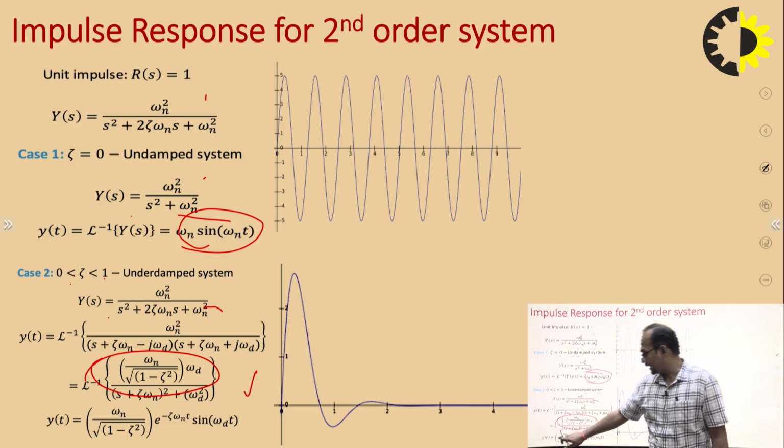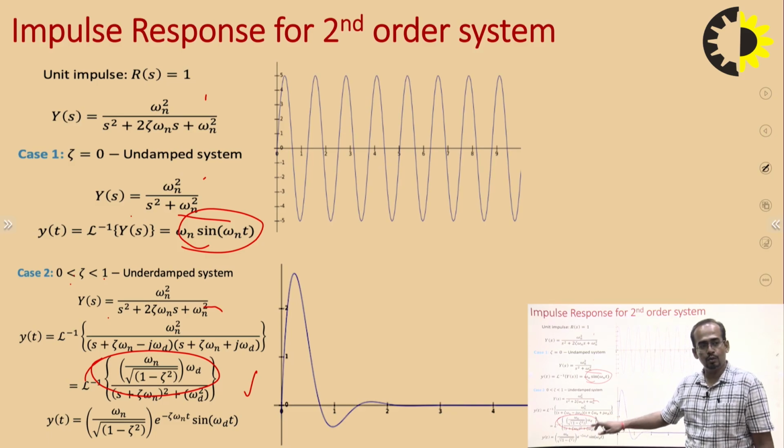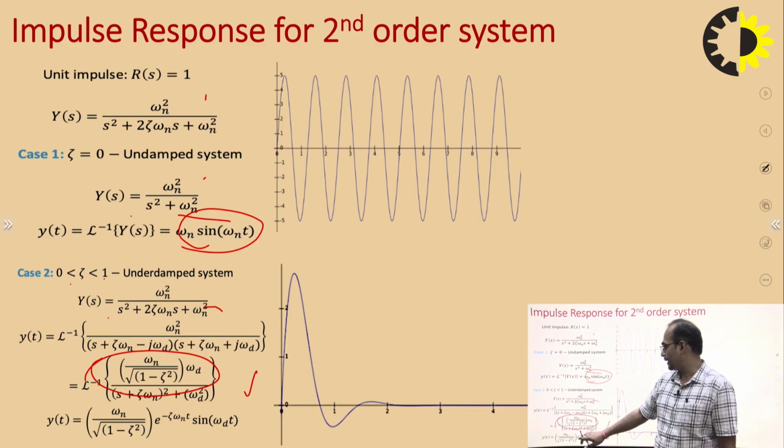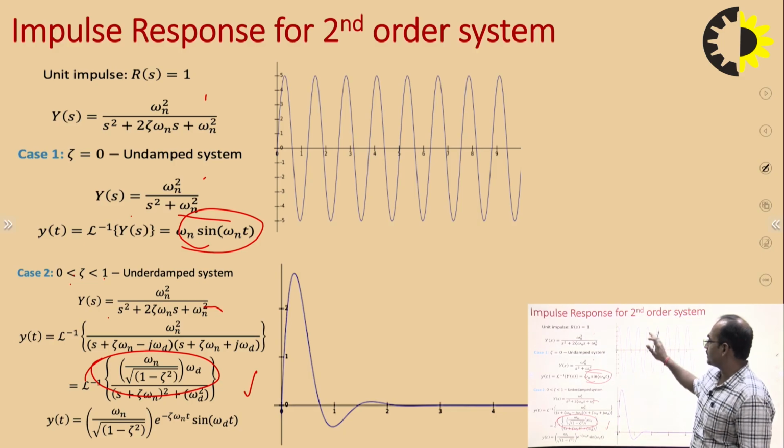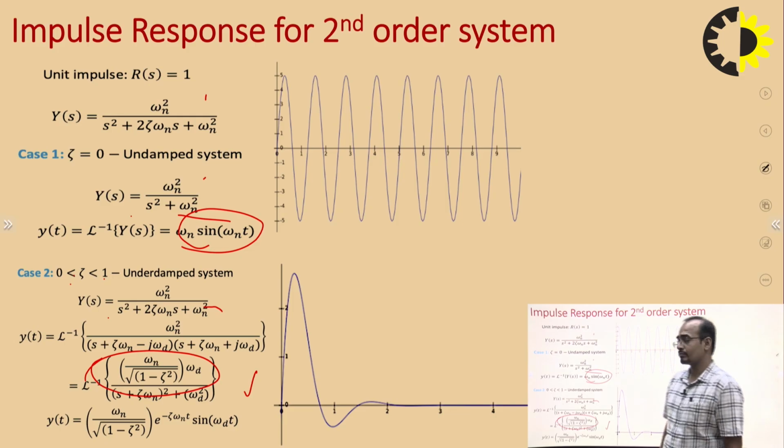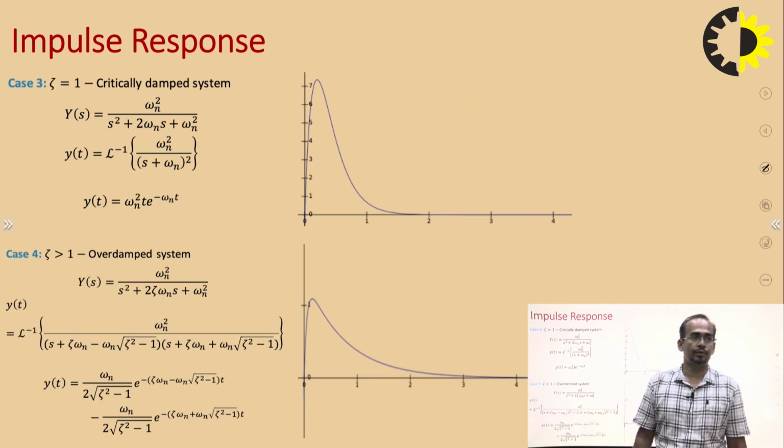You will get y(t) is equal to omega n upon under root 1 minus zeta square e to the power minus zeta omega n t sine omega d t. This is the underdamped response in case of impulse input.